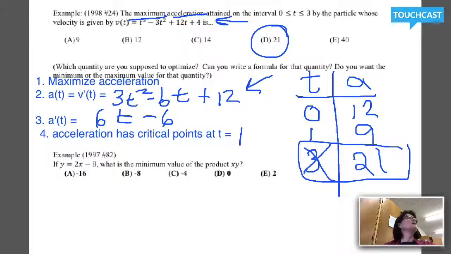Number 6 was to fill in the acceleration column. And number 7 was to pick, in this case I was looking for the maximum value from the output column, and double check the original problem to find out if I wanted the input or the output. 21 is the maximum acceleration, time t equals 3 is when or where that maximum occurs.